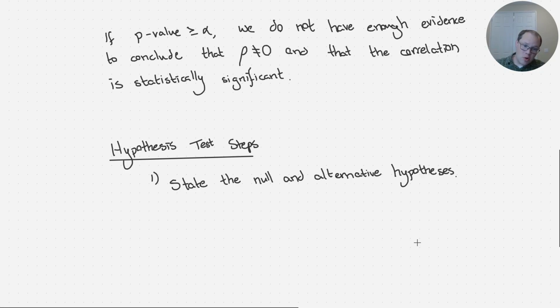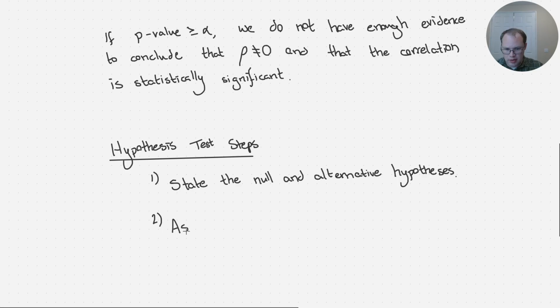The null hypothesis will always be, for this kind of test, that the correlation coefficient of the population, rho, is equal to 0, so that there is no correlation. The alternative hypothesis, when you're testing the correlation coefficient, is always that the correlation coefficient for the population, which is rho, is not equal to 0. So there is some degree of correlation. Those are always going to be your hypotheses for this kind of hypothesis test.